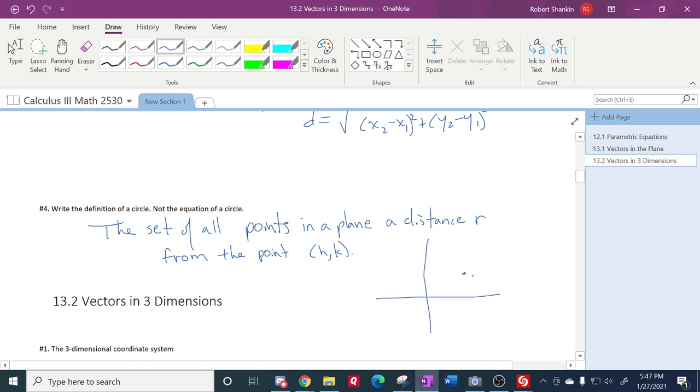If here is HK and here is a distance R, well, we can have R be like a string.